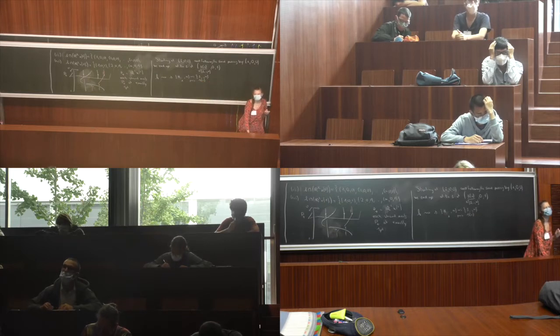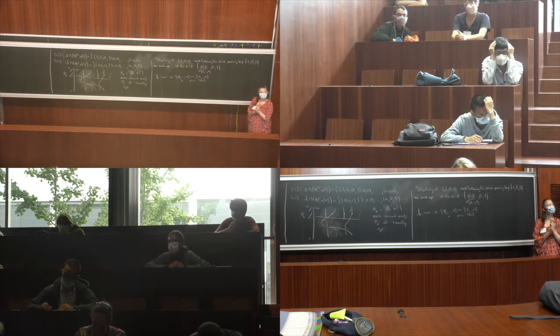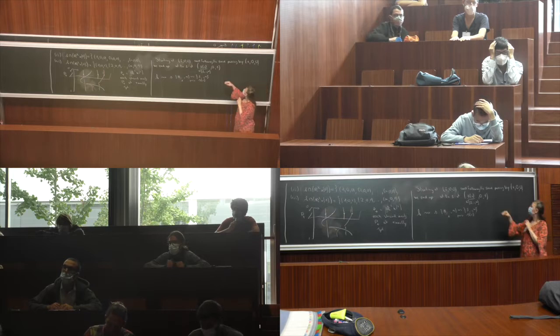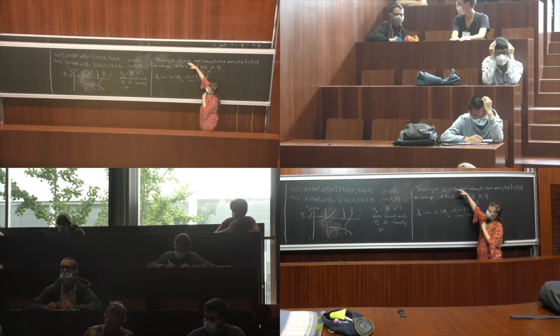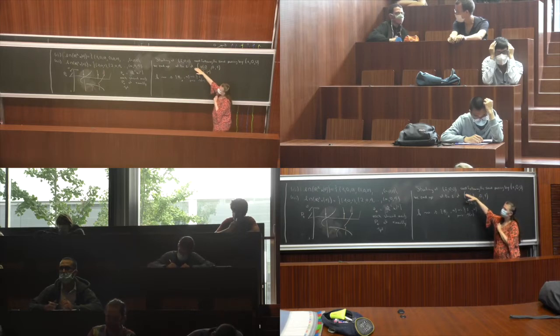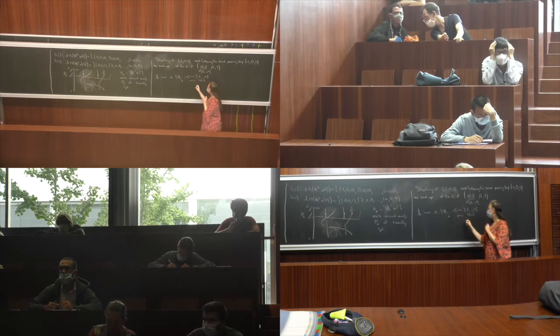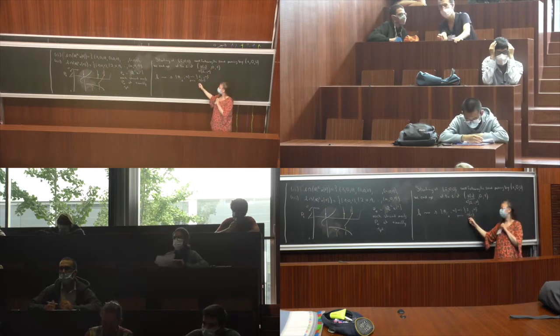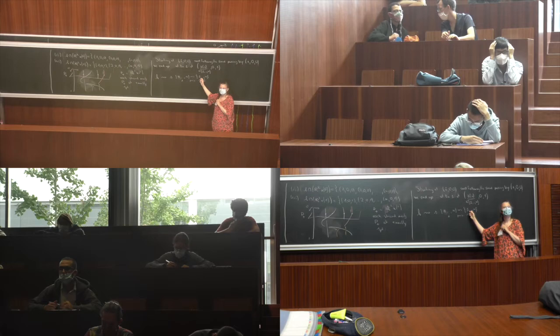And do you guess what kind of map this might be? You know that to each strand, so for each i, you have a unique s of i associated to it. So it's a bijection from one end to one end. So it's a permutation.